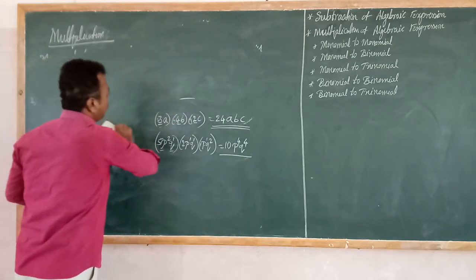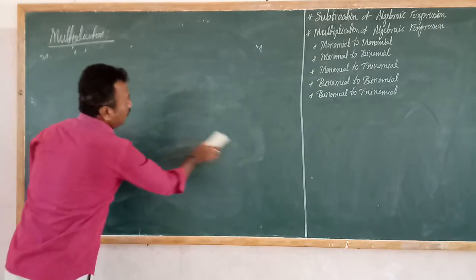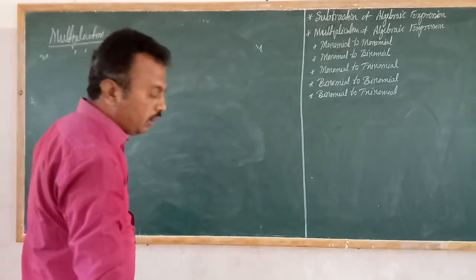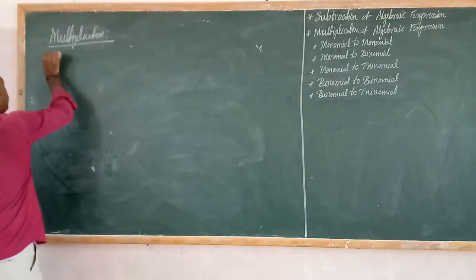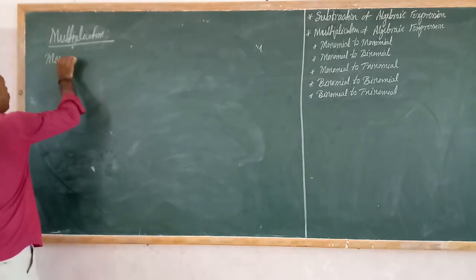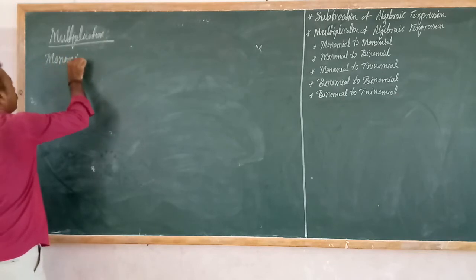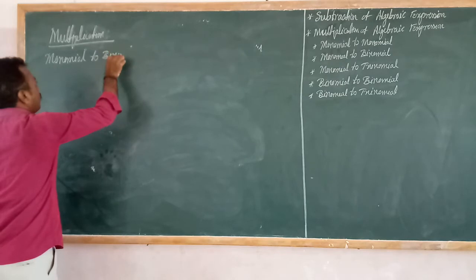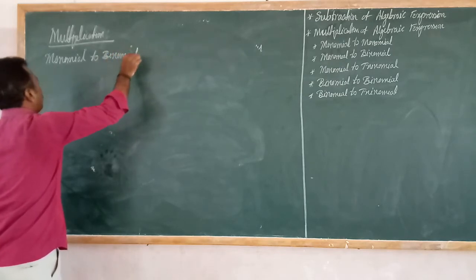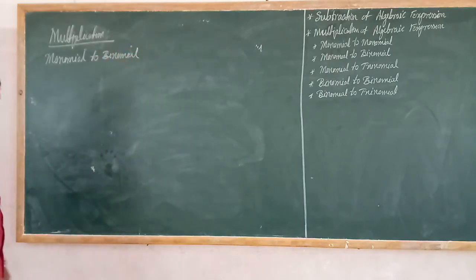Now next one, monomial to trinomial. See, monomial to trinomial. Monomial to binomial first. How to multiply monomial to binomial?